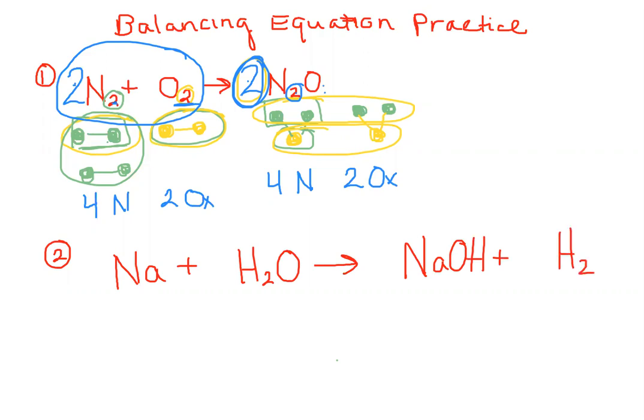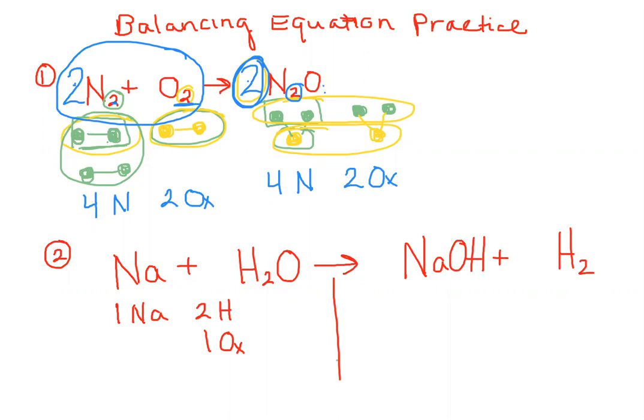We've got to see how we can balance this. Over here on this side, we've got 1 sodium, and we've got 2 hydrogen, and we've got 1 oxygen. I'm putting a little X by the oxygen so that it doesn't look like a 0.